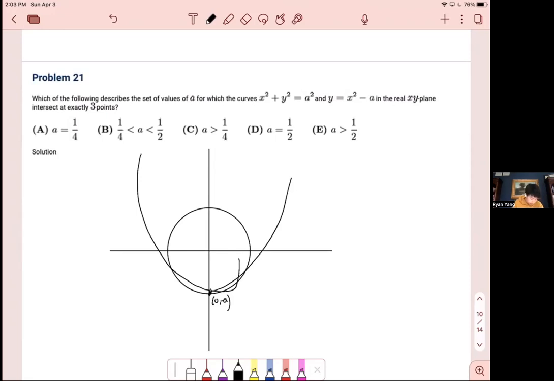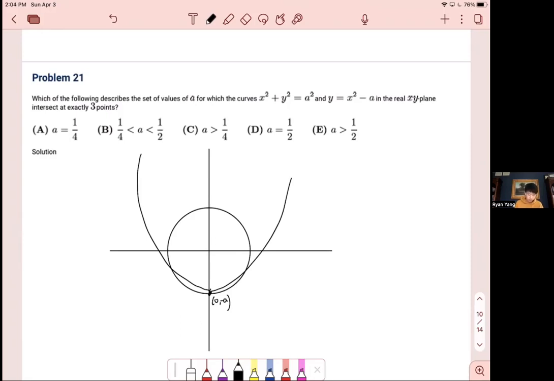Why exactly it won't, I'm not entirely sure. That just seems absurd. Yeah, like the parabola is gaining speed. Once it passes, it passes for good.